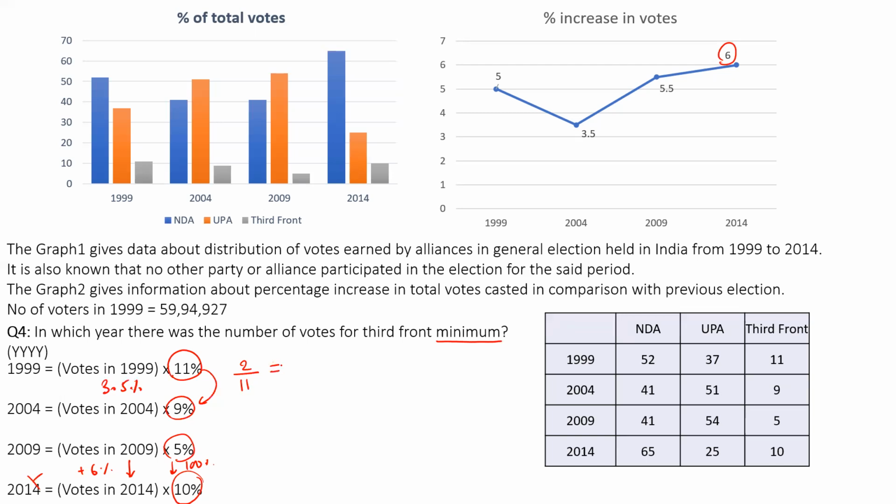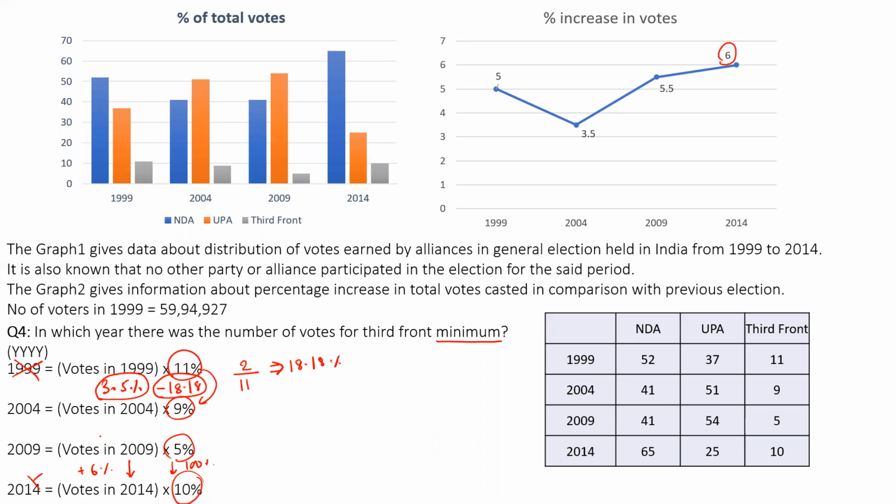Now 2 by 11 is nothing but 18.18%. As the number is reducing, I'll use a negative sign. So if you apply the successive percentage change formula, there will be a net reduction here, correct? So again, 1999 cannot be my answer.